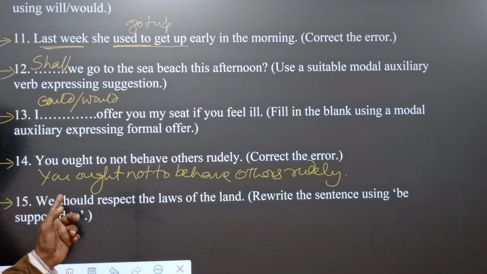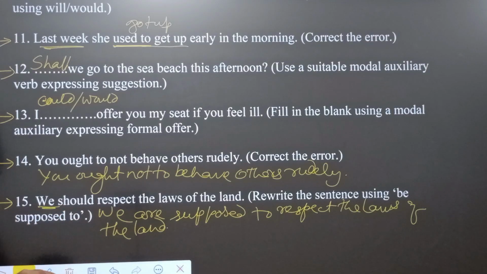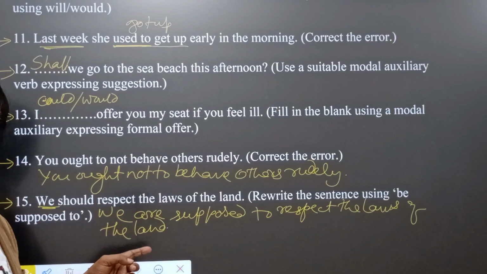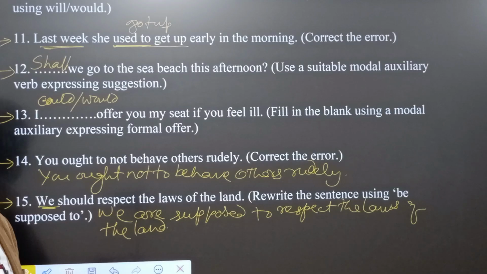If we write the sentence using be supposed to, then we are supposed to respect the laws of the land. It means we are expected to respect the laws of the land. This is the noble duty or obligation of a good citizen.